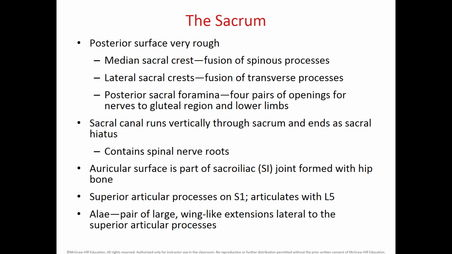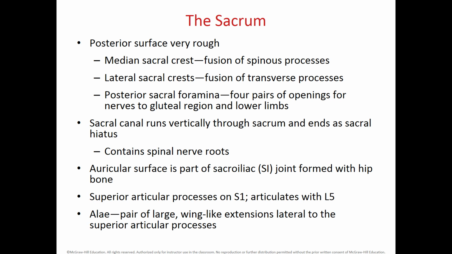Within the sacrum, you have a canal and a hiatus. The canal is the superior opening that runs vertically and ends in the last sacral vertebra, S5, and also goes a little bit into the coccyx, and this will be called the sacral hiatus.